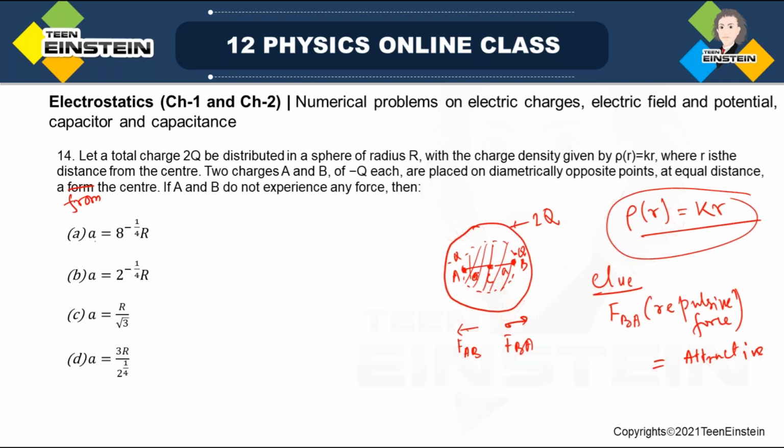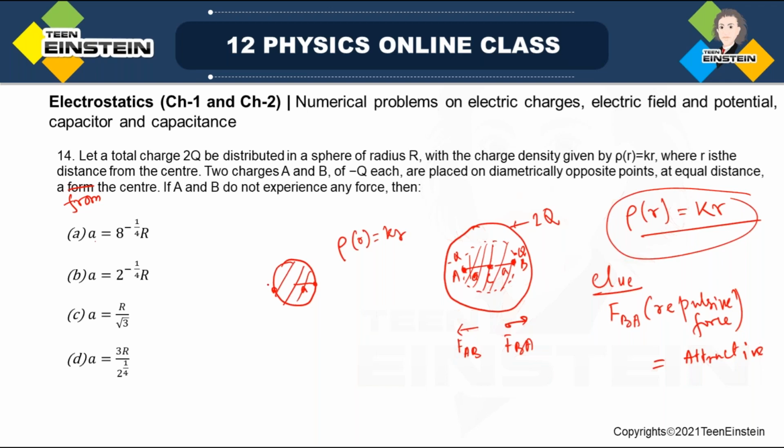See, there are charges, right? If I consider a small sphere which has charge density varying as kr, having radius a, it will have an electric field here and here.